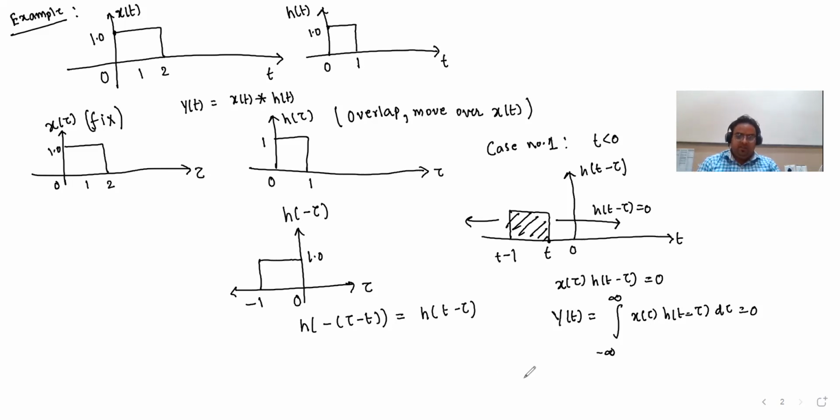The second case, maybe we can take a new page. That is case 2. Let us say that t is greater than 0 now, and it is still less than 1.